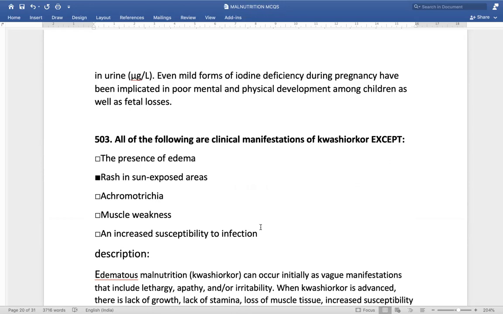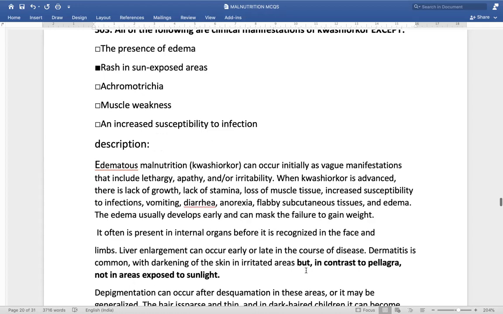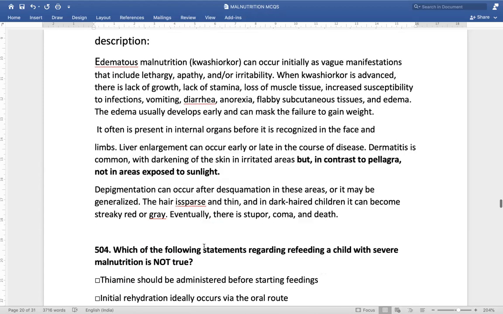Rash in sun-exposed area is classically a marker of pellagra. So that is Casal's necklace, what you see, dermatitis, dementia, and death. So the dermatitis in pellagra, that is niacin deficiency, is what you see as rash in a sun-exposed area. Whereas rash in kwashiorkor can occur anywhere, even on the abdomen, or even on the back the rash can occur.